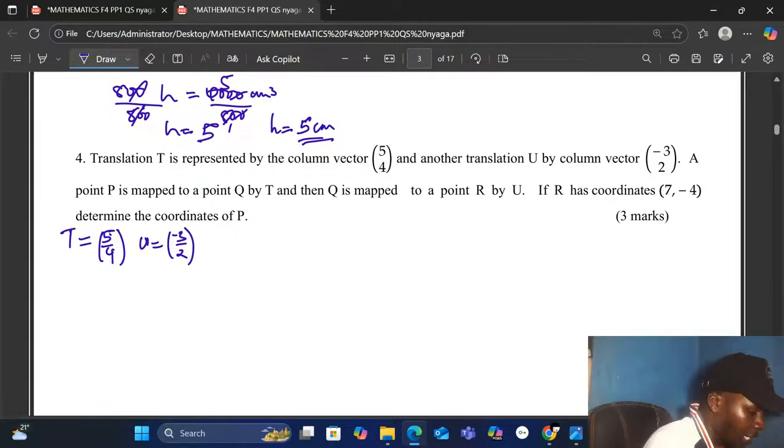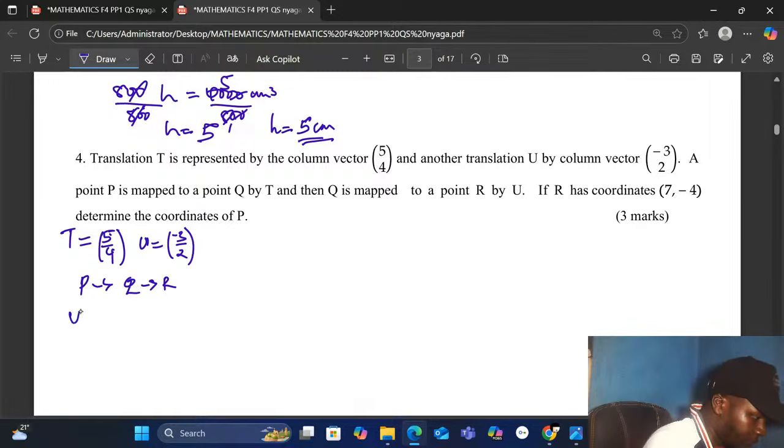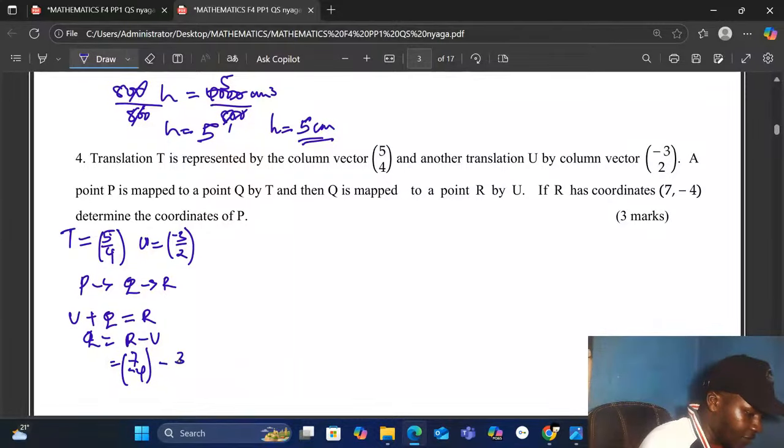Now, P is mapping to Q, then Q to R. P to Q, then Q to R gives us R. Therefore, Q we simply take R minus U, and that is 7, -4 minus -3, 2, and that gives us 10, -6. So that is the vector Q.